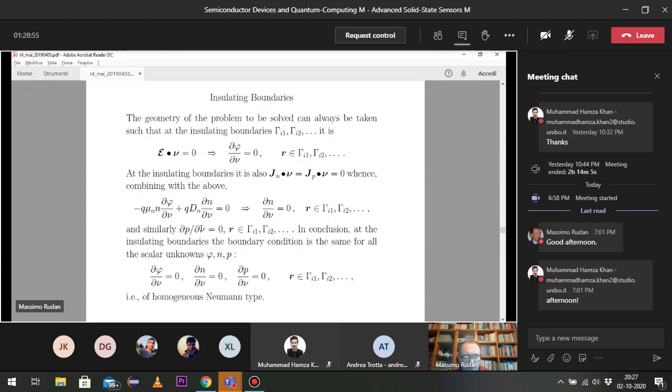That is homogeneous Neumann conditions, okay? So we have three partial differential equations, one for phi, one for n, one for p, having the same type of boundary condition. So globally, the problem is well posed. We expect that if we solve it by numerical computation, we find a solution, and that solution is unique.